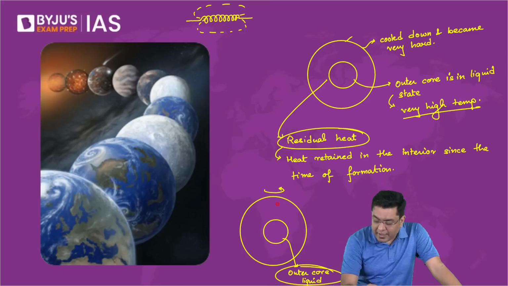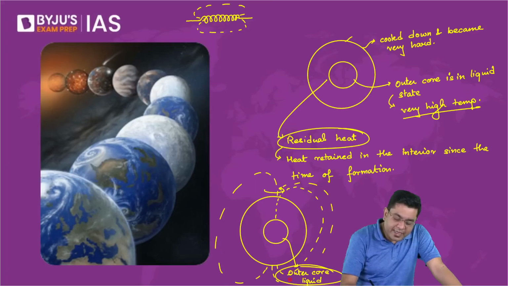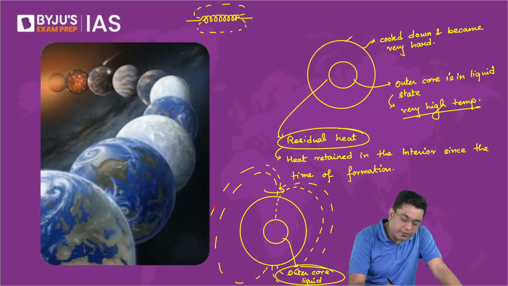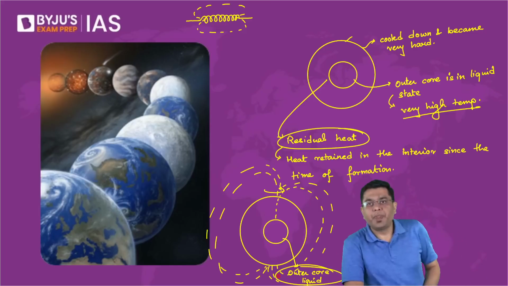And that magnetic field, basically, is produced somewhat like this, where the magnetic field lines concentrate around the region of the poles. That is where they have the maximum density.